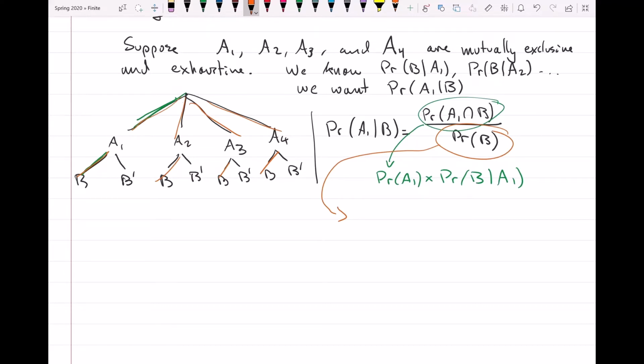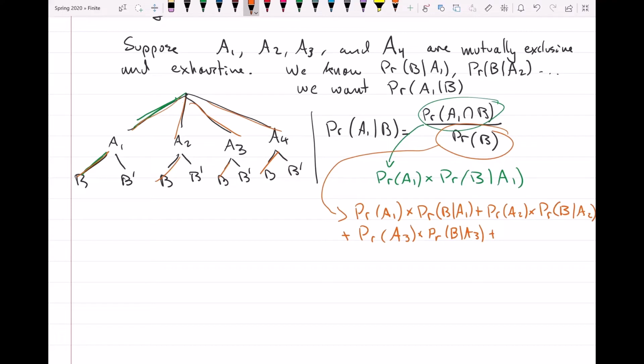All right, so what is the probability of B? Well, first we could have A1, and then we could have B, the probability of B given A1, or we could have A2 and then B, so the probability of A2 times the probability of B given A2, or we could have the probability of A3 times the probability of B given A3.